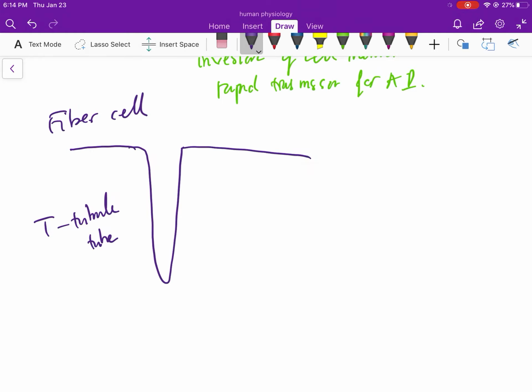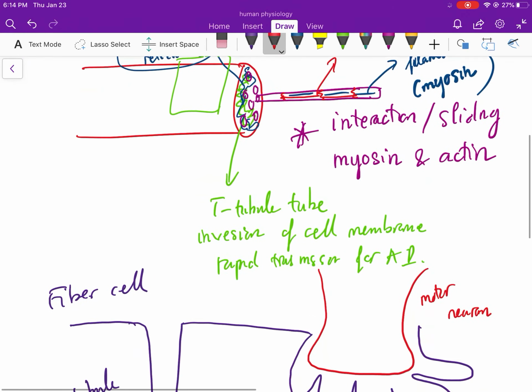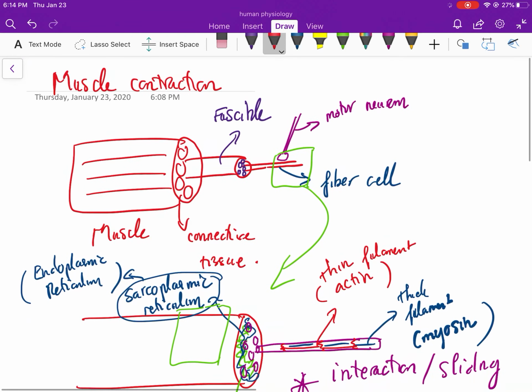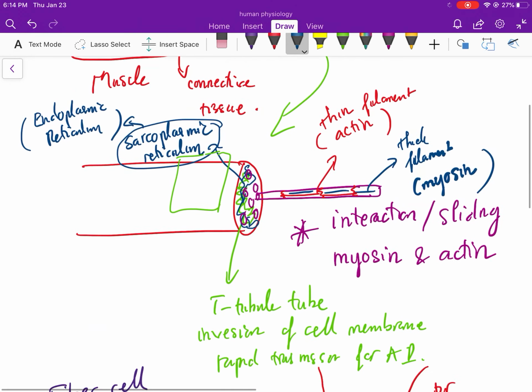Here we have the end plate, which is the part touching our motor neuron. We can clearly see that I am zooming in from this part of the cells, where a motor neuron attaches and connects to the fiber cell.